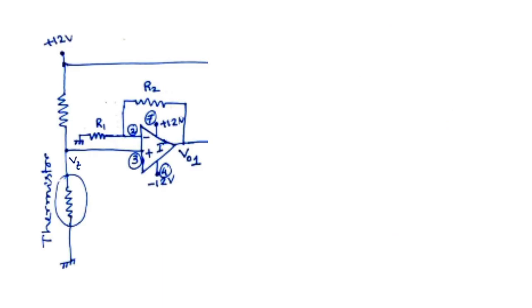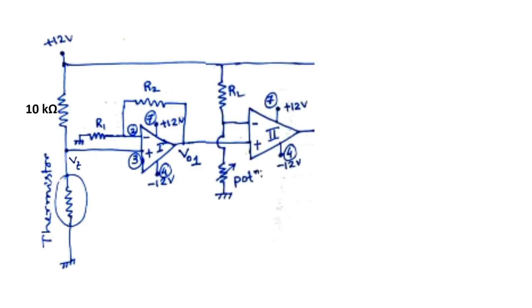So this is the second part. After getting the VO1, we shall introduce a second op amp which is working in comparator mode. That is, in the plus terminal, the non-inverting terminal, pin number 3, when VO1 is connected, that value will be checked by the point, follow the cursor, which is connected to the minus, that is pin number 2, the inverting terminal.